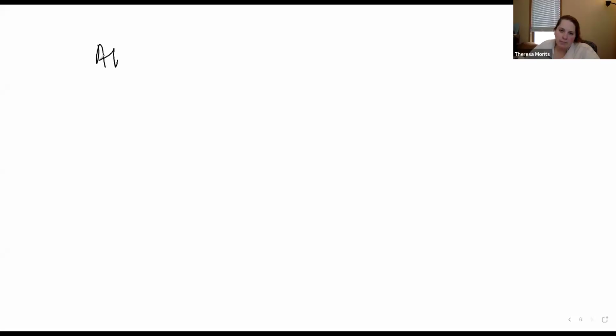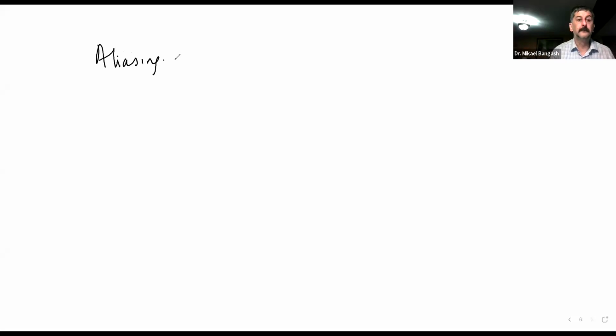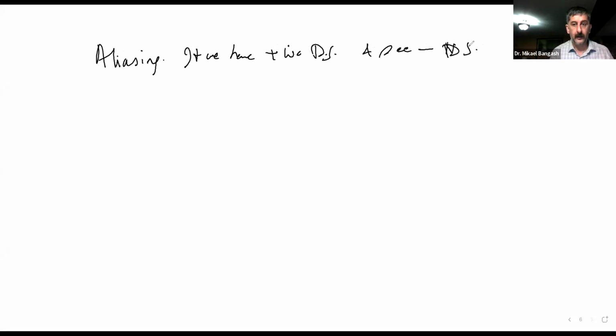What is aliasing? It's like a false identity. That's in general, but we can say that if we have a positive Doppler shift and also see a negative Doppler shift, that would be aliasing.